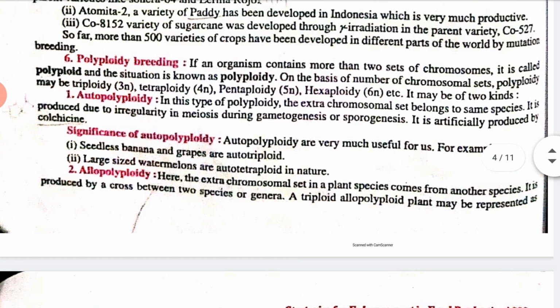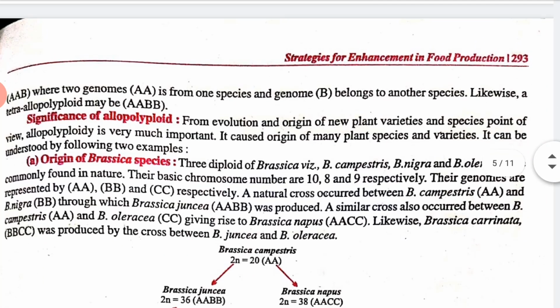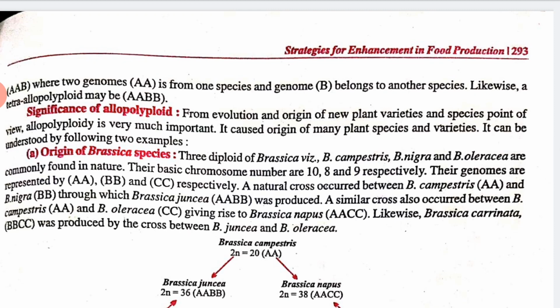Now next is allopolyploidy. What is allopolyploidy? Here the extra chromosome sets in a plant species come from another species. It is produced by a cross between two species or genera. A triploid allopolyploid plant may be represented, as you see in the example, by AAB.